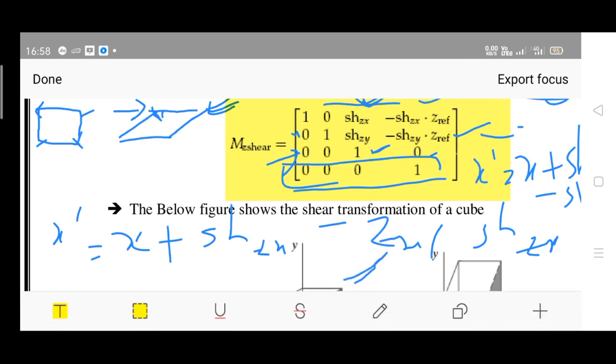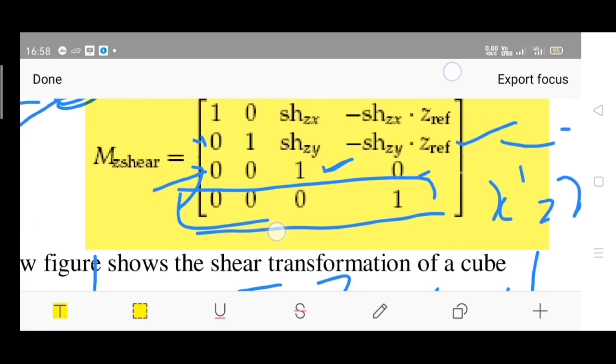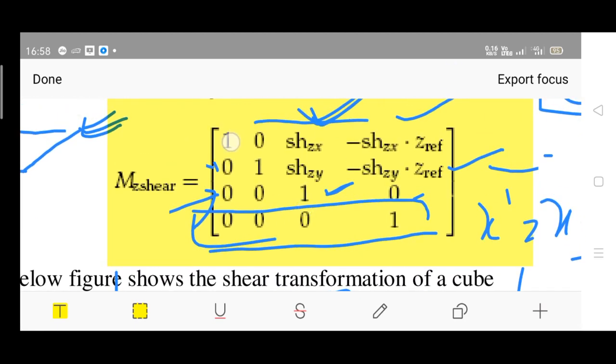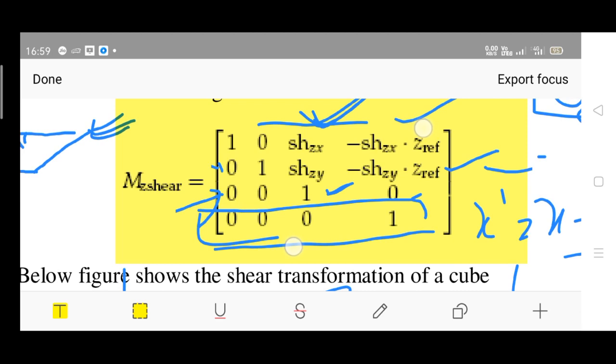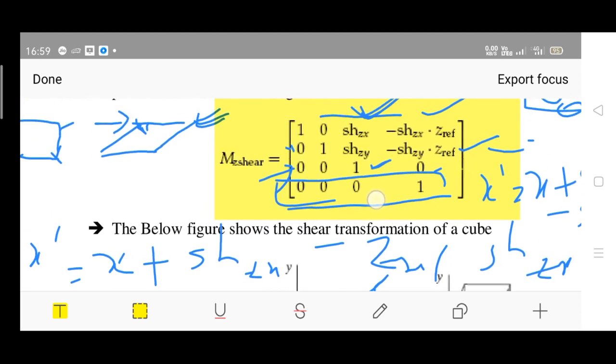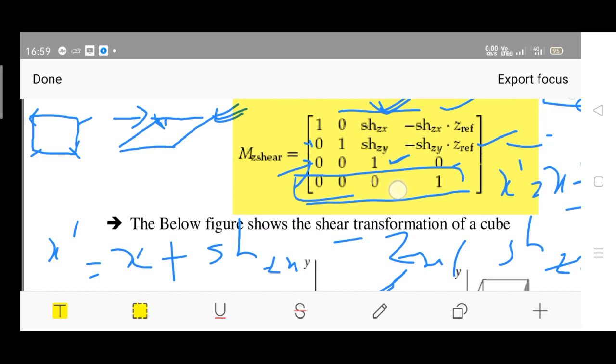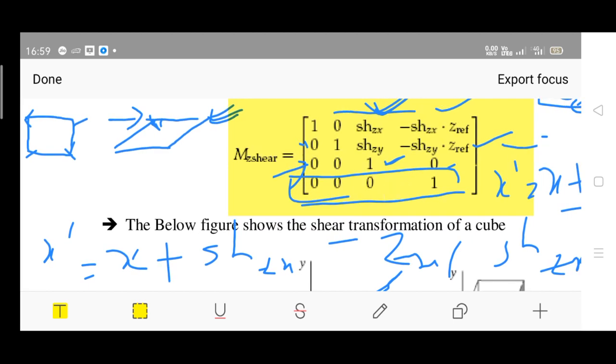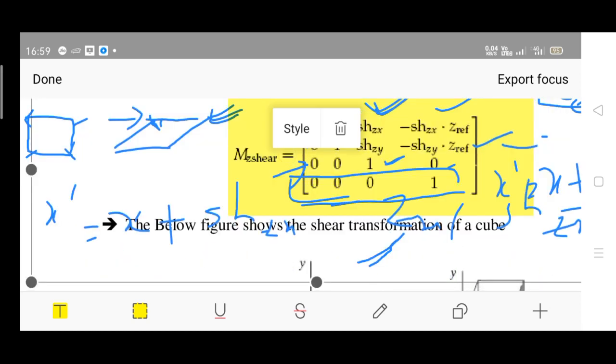Please concentrate on the matrix content. The coefficient of x is 1, there is no y term, z is sh of zx, as well as the subtraction term, minus sh of zx multiplied by z reference. Then the second one, 0 1 sh of zy, that is nothing but y dash equal to y plus the same term. It is very easy to remember the equations.